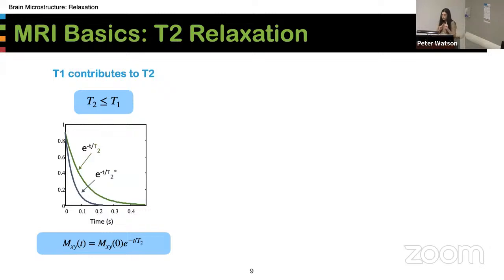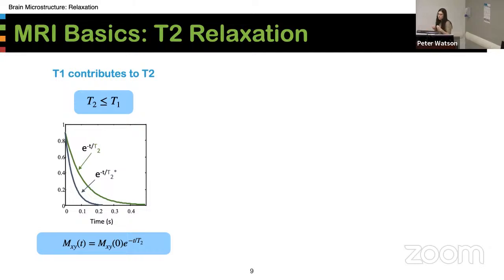So next, I'm going to go into the physical processes that lead to the differences between T2 and T2 star, starting with T2. So T2 is this exponential decrease in the magnetization in the transverse plane. It's happening because magnetization is recovering along the longitudinal plane.